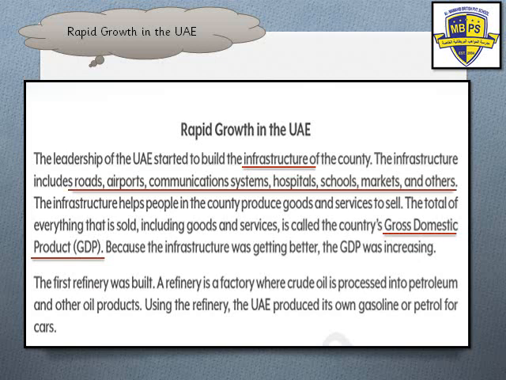The first refinery was built. A refinery is a factory where crude oil is processed into petroleum and other oil products. Using the refinery, the UAE produced its own gasoline or petrol for cars.